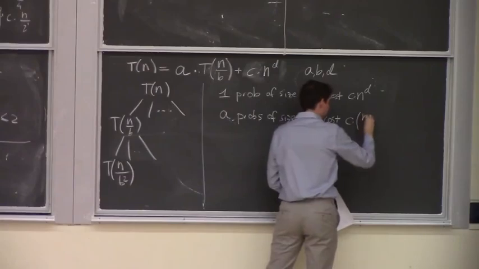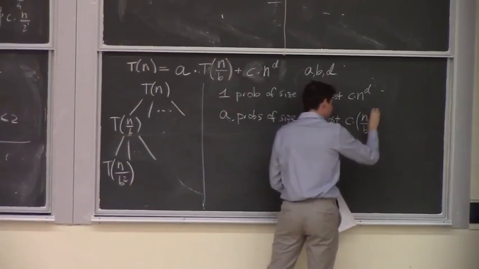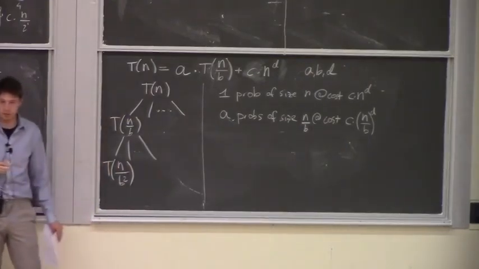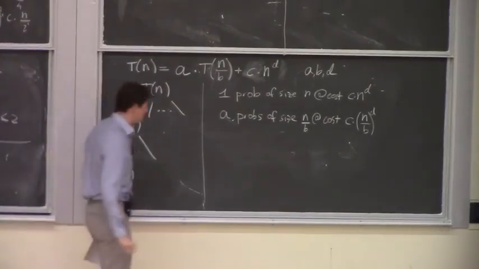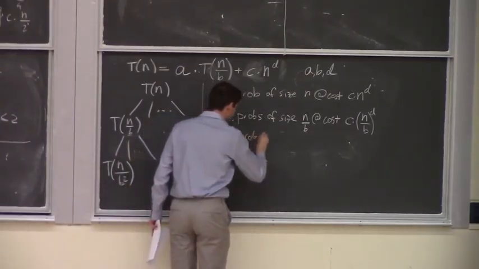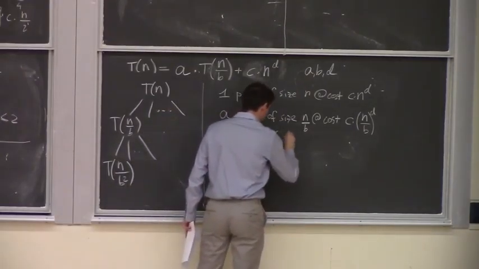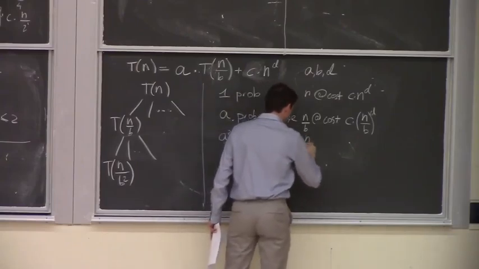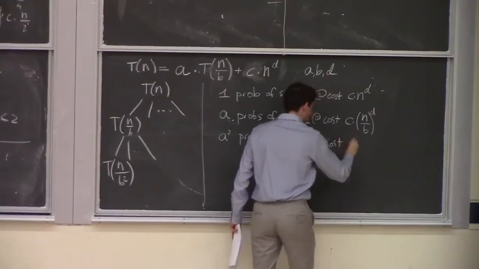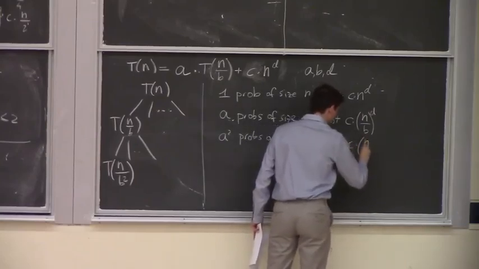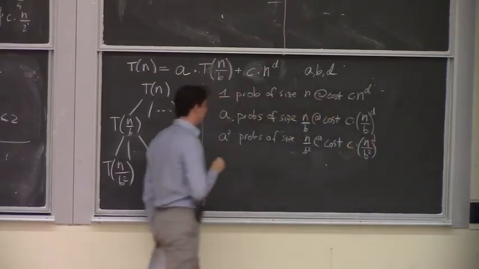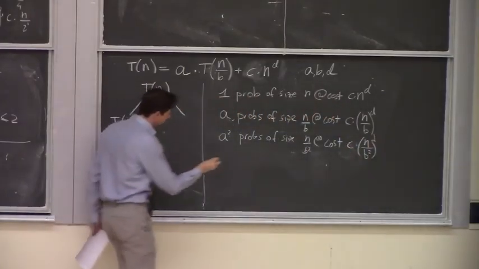We have to take n over B and raise it to the D, because now it's not a linear cost, it's a polynomial cost of some sort. Okay, then we have A squared problems of size n over B squared at cost C times, now my problem size has gone smaller, B squared, and everything to the D. Now you see the pattern.